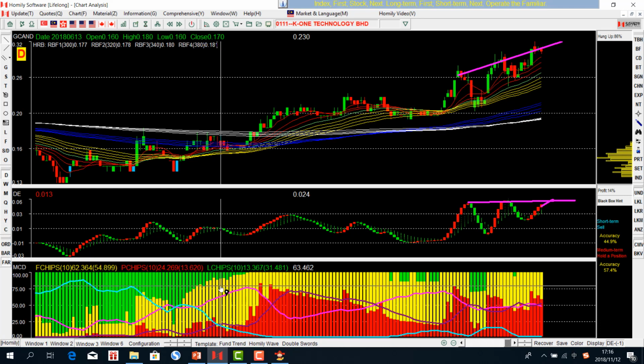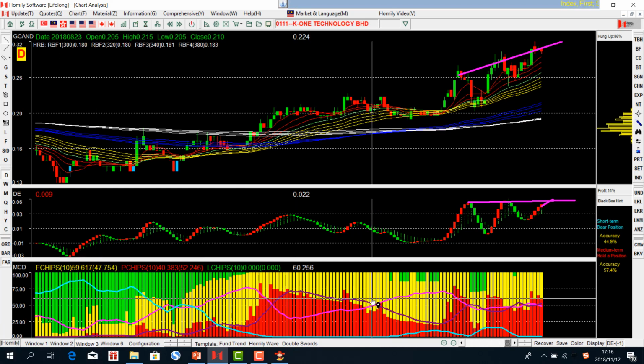Here today the price rises, and then you find out all the retailers go out and bankers come in, and bankers are above 25%. 25% means the banker has opened a position, so we can start to trade here.